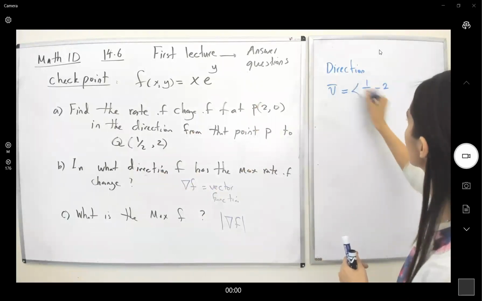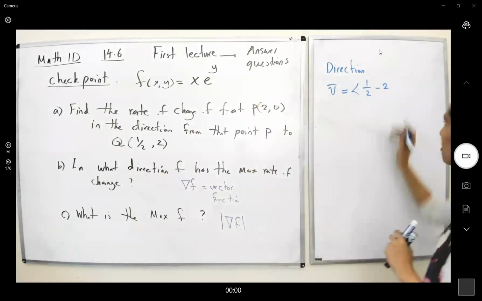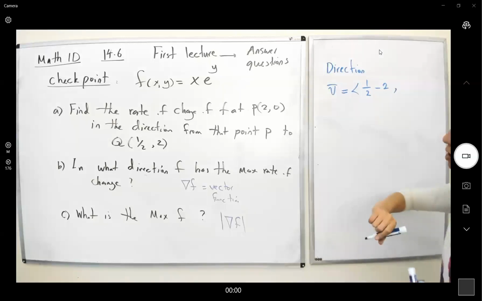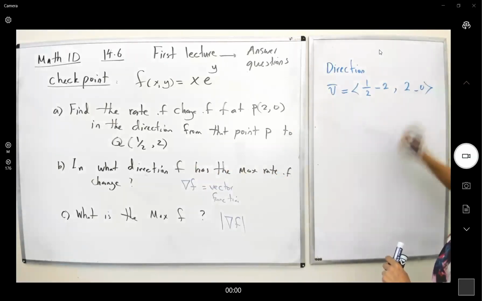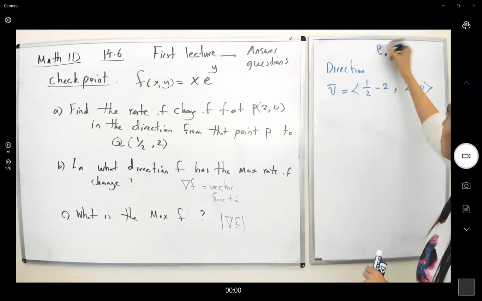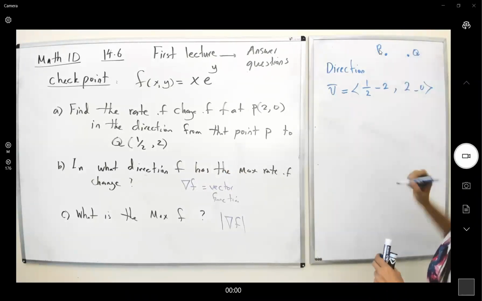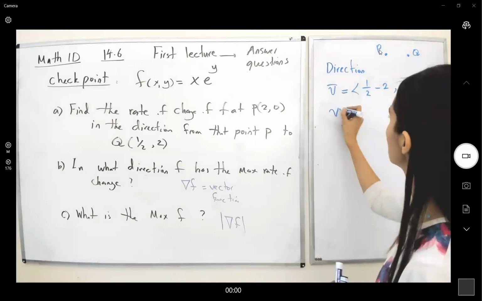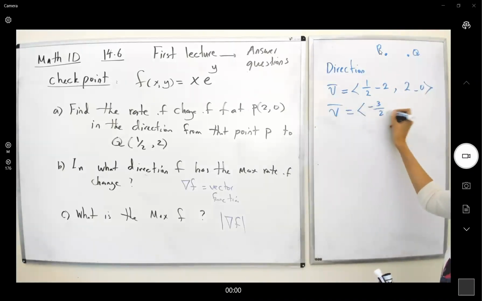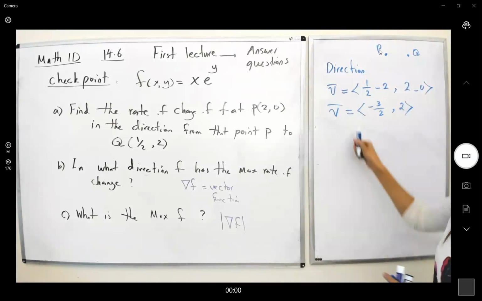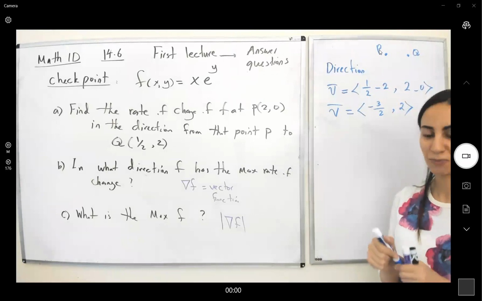Since we are working with a vector, let us use the vector symbol: (1/2 minus 2, 2 minus 0)... so connecting the 2 points, P, Q. So your direction is equal to (-3/2, 2). Now you have to stop. Is this a unit vector?